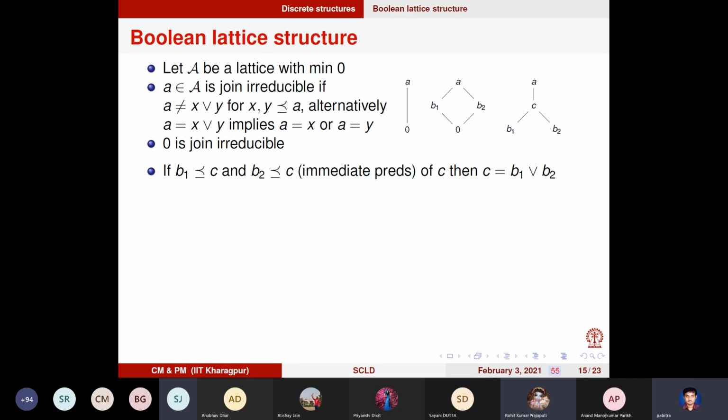What about the third lattice? Is C irreducible? No, sir. Why? The join of B1 and B2 is C. Very good. Is A irreducible? Yes, sir. A is irreducible. Similarly, B1, B2 are also irreducible.